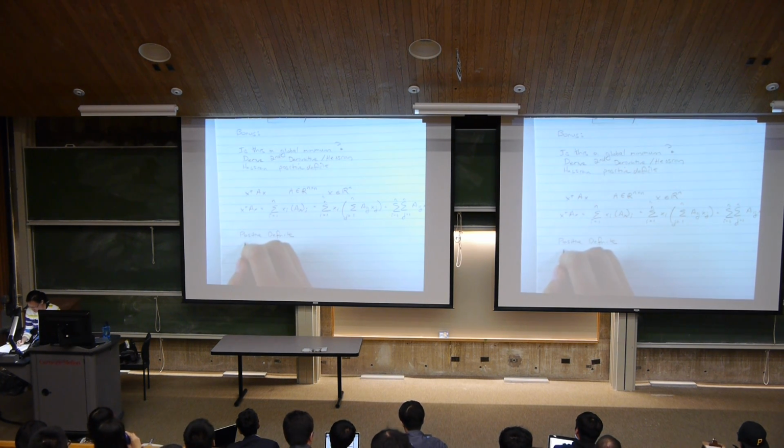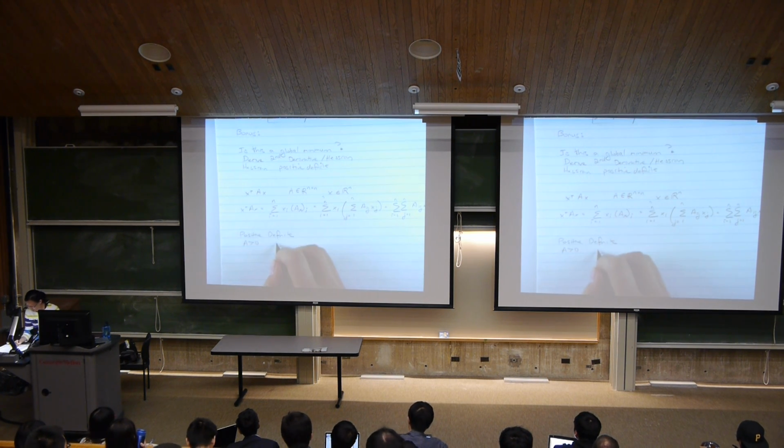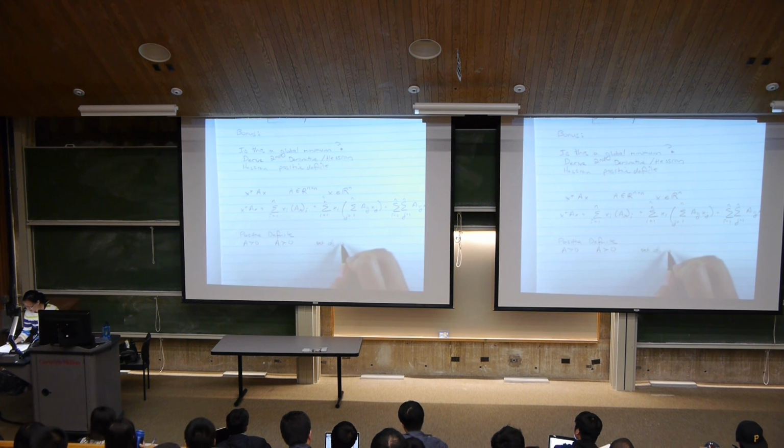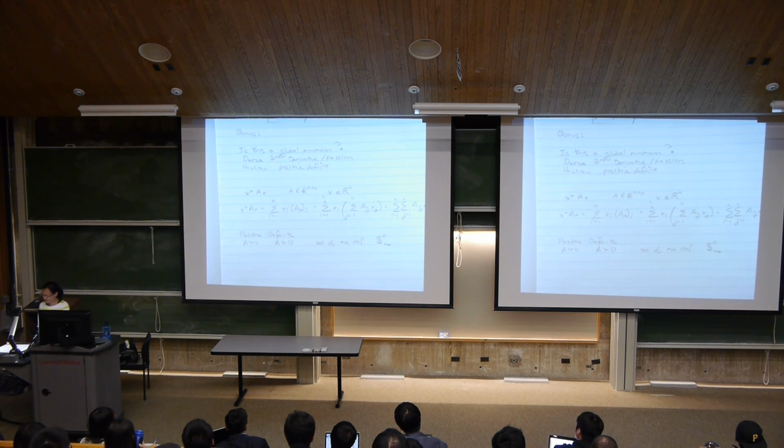The way you denote that is A is greater than 0, or A is squiggly greater than 0. The set of all positive definite matrices we denote with a double S to the plus plus, where S just means the set of symmetric matrices.